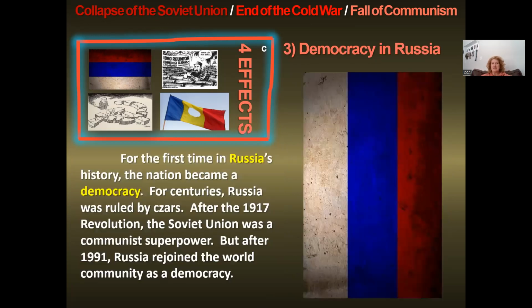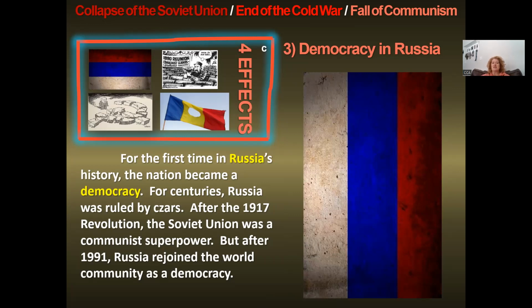So for the first time in history, Russia becomes a democracy. So today, Russia is not considered a communist country. They are a socialist democracy. For centuries, though, Russia was ruled by the czars, and after the 1917 revolution, it became a communist dictatorship.